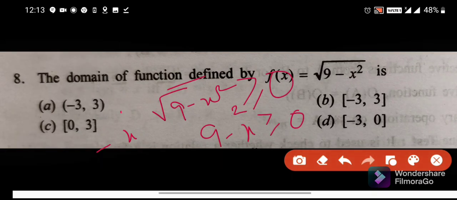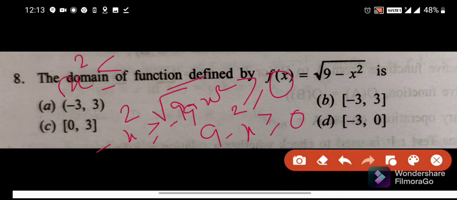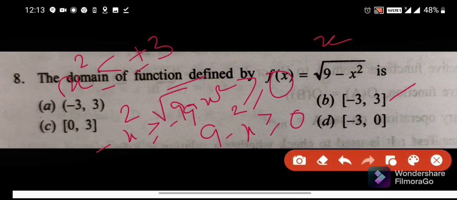That is minus x square is greater than or equal to minus 9. That is x square is less than or equal to 9, so x is plus or minus 3. The range of x is minus 3 to 3. So the answer is option B.